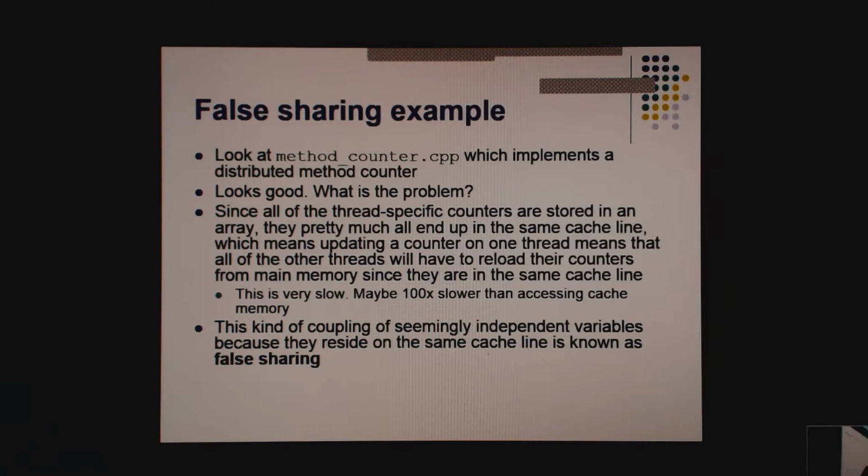Here I'm not going to try to switch to the code because we had that experience already, but I used to have an artificial example of how slow false sharing can make your program.